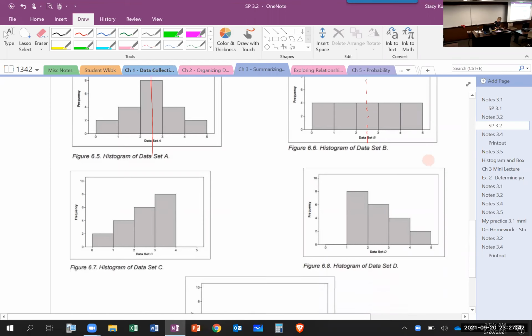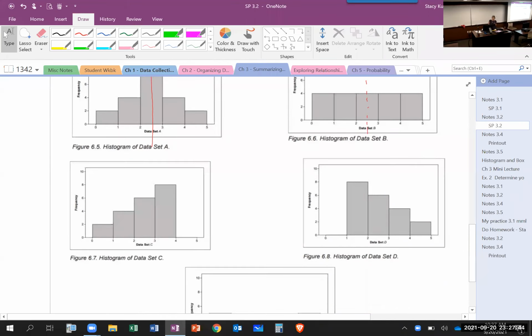Now, if we look at C and D, those are both skewed left. Both C and D are skewed. And we were told again that about 2.5 is where the mean is. So we're somewhere in the middle of each of these graphs.